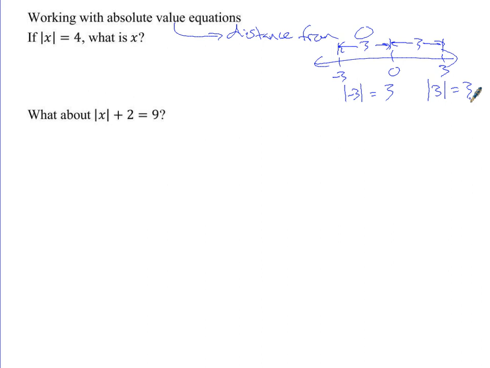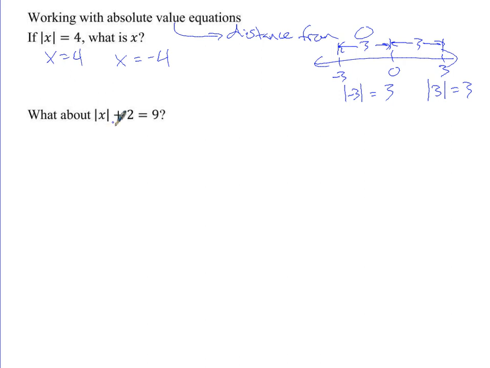So over here, if the absolute value of x equals 4, then what is x? X could be 4, but is there another number that's also 4 units away from 0? -4. So x could also be -4. Keep that in mind when you're dealing with absolute value.